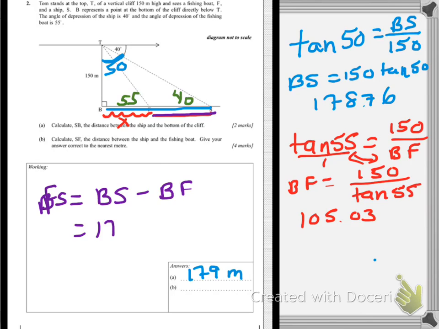So this was 178.76 minus 105.03. Whatever I get for an answer, I get 73, and again 3 sig figs, 73.7 meters.